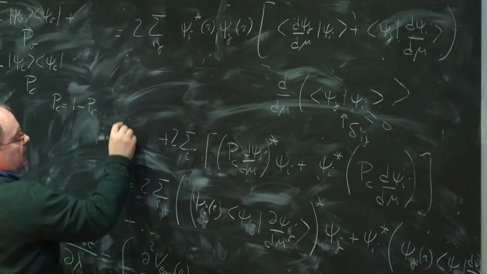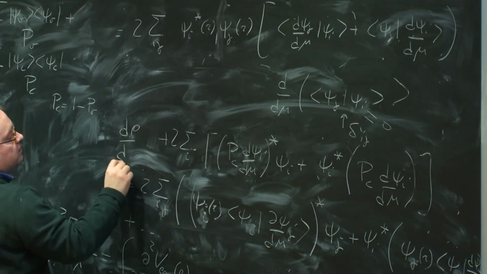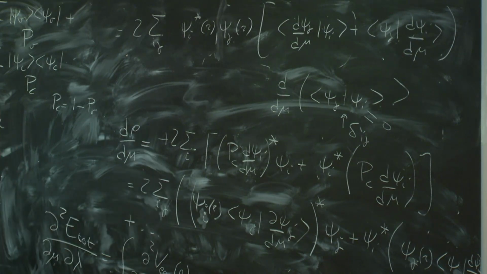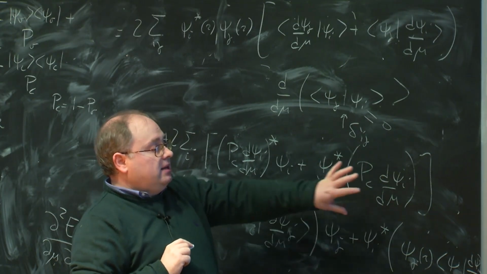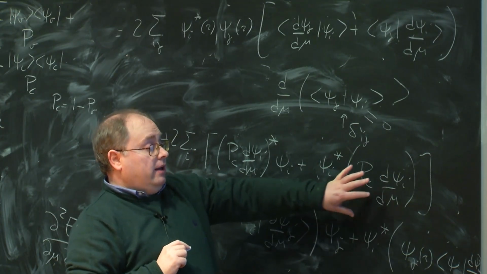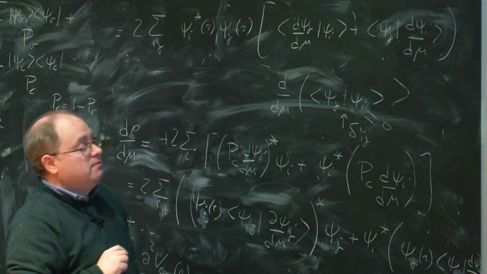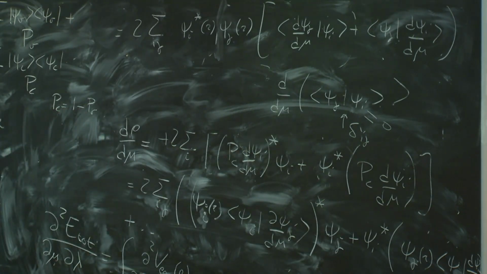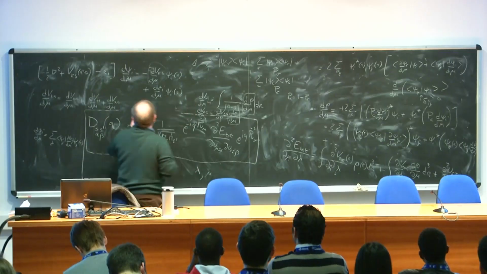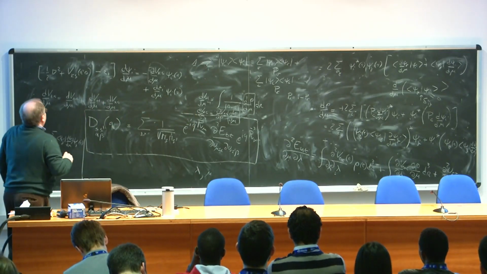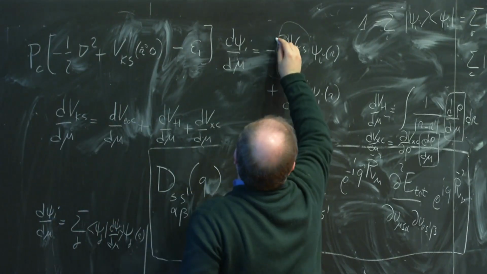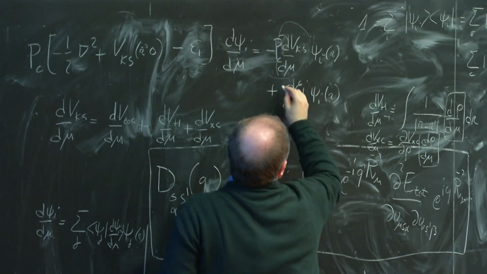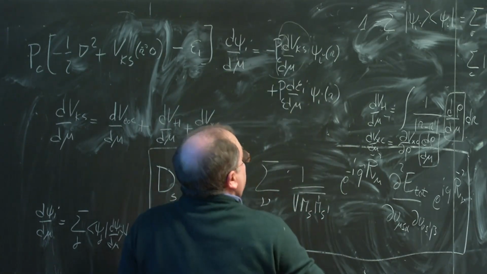So we remain that the change of the density with respect to mu that we are interested in can be written just in terms of the projector on the conduction band of the change of the wave function due to the parameter. And this is an important result because now we can put here a projector in the conduction state, and here a projector on the conduction state.